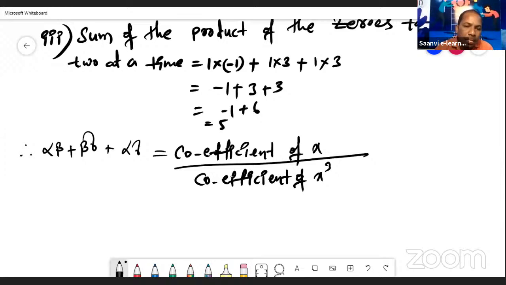Okay. So what is the coefficient of x in the given polynomial? It is minus 1, by the coefficient of x cube, 1.